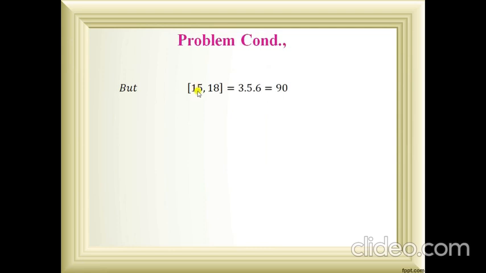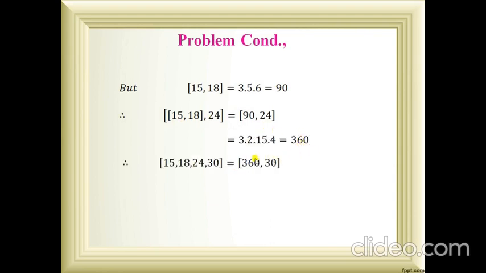I find the LCM of 15 comma 18, which gives 90. I replace this in the previous step and get 90 comma 24. This LCM value is 360. So finally, in place of 15 comma 18 comma 24, I replace 360 and get 360 comma 30. This LCM value is again 360, since 30 is a factor of 360.